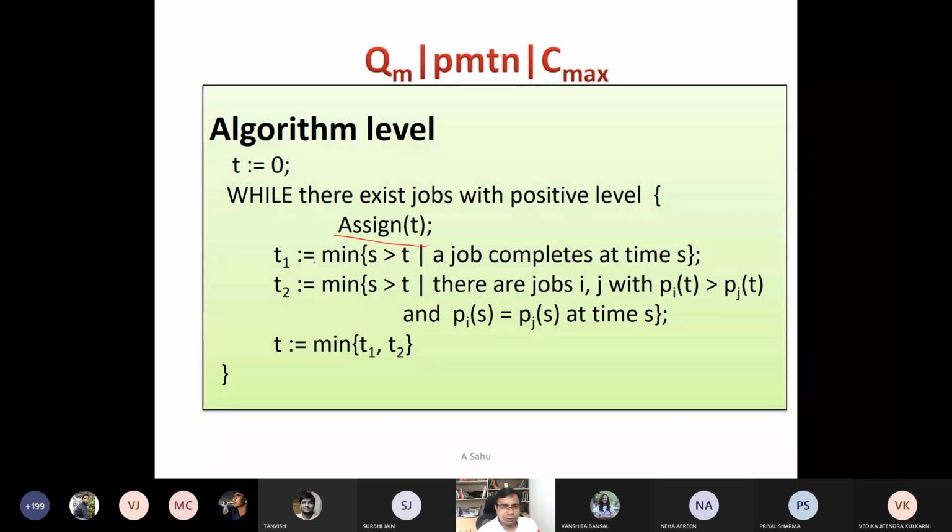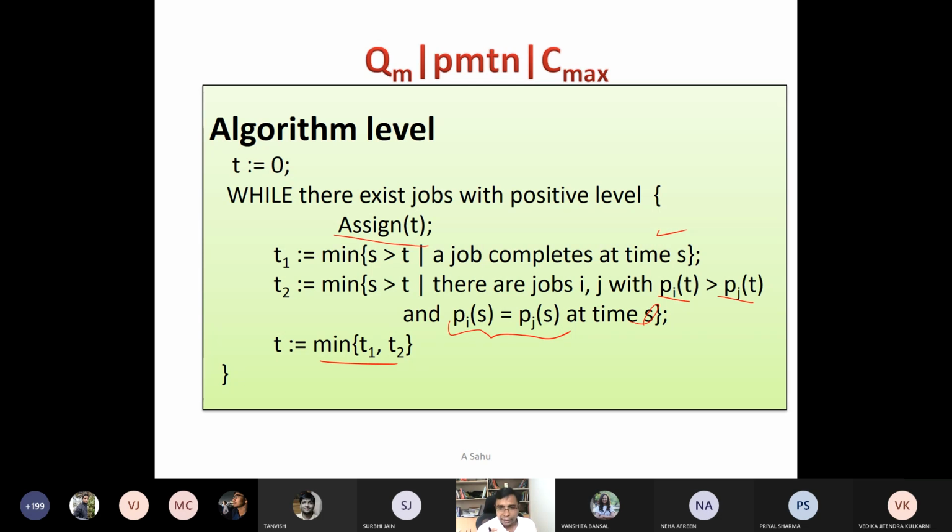So what we are trying to do? T1 is the minimum S at which a job is completed, and another thing is the minimum S at which there are jobs i and j where P_i(t) is greater than P_j(t) initially, and this is the remaining time. Okay, this is T2. Then we are getting an intersection point, and we are calculating the intersection point.